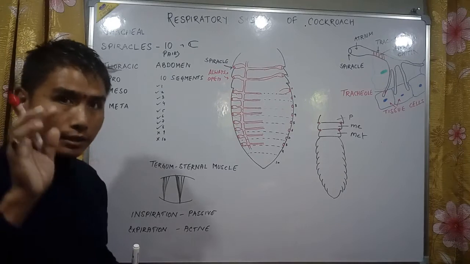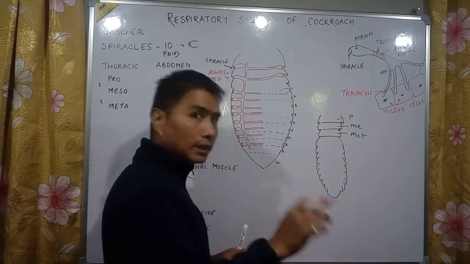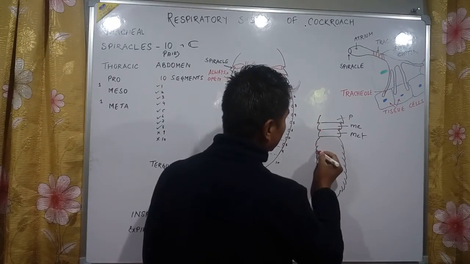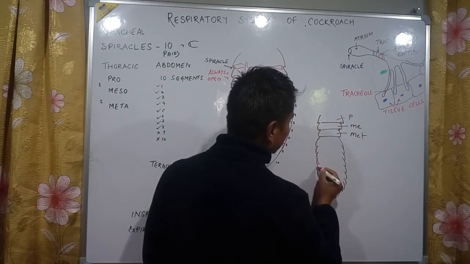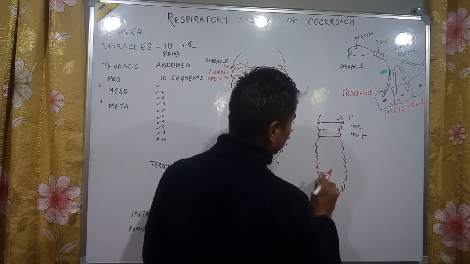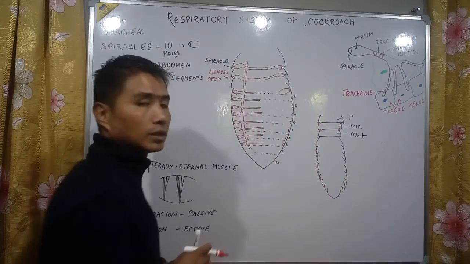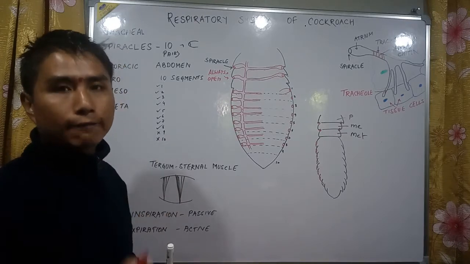Then the rest of the spiracles are present in segments 3, 4, 5, 6, 7, 8. The 9th and the 10th segments do not have spiracles.